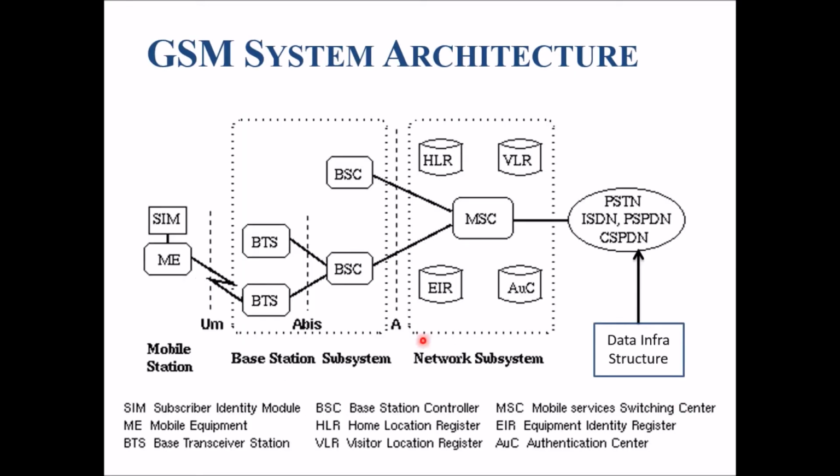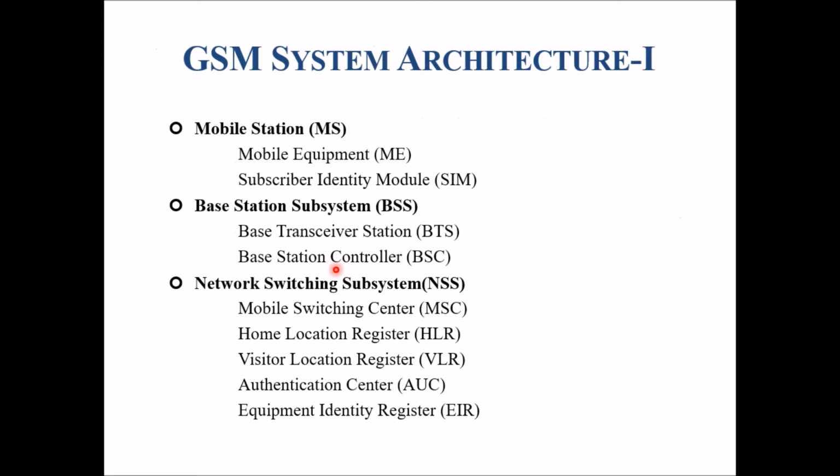Also, I have told you that the mobile station is connected with the base station subsystem with the air interface, and the BTS is connected to the BSC with the Abis interface. Okay. So already we have seen this, we'll just take a quick look at these points.